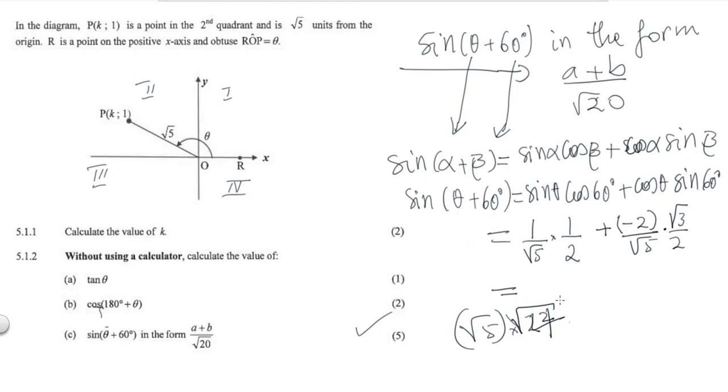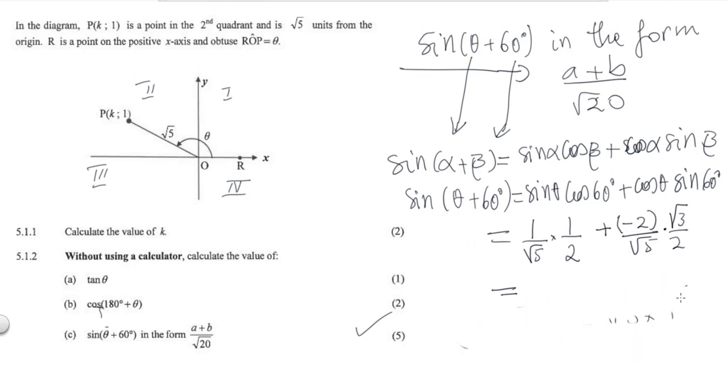So you can have 5 multiplied by 4, which is square root 20. In another way, when you take a 2 inside the square root, it becomes 2 squared, which is 4.